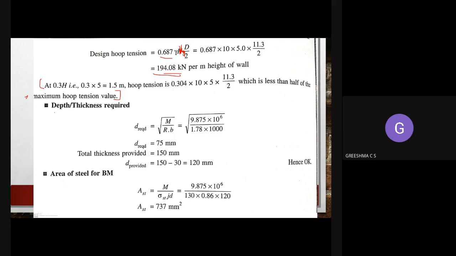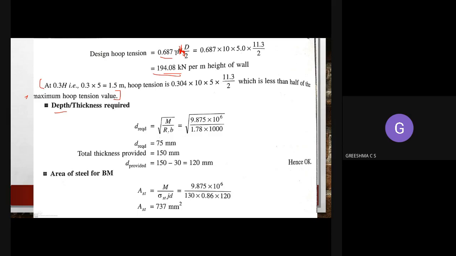Step number two, you have to find out the required depth. The same equation that we have been following previously: d is equal to root of M divided by R into b.